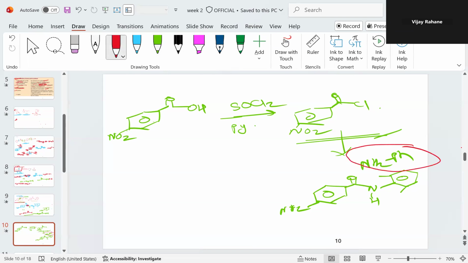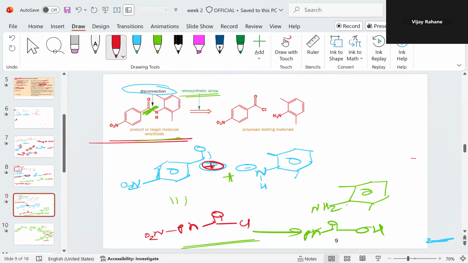If you just add the amine, and here it is a primary amine, to the acyl chloride, it directly gives the amide. So this is the forward synthesis, and the backward or reverse synthesis is this one. So this is how retrosynthesis works, right? So this is a simple example.